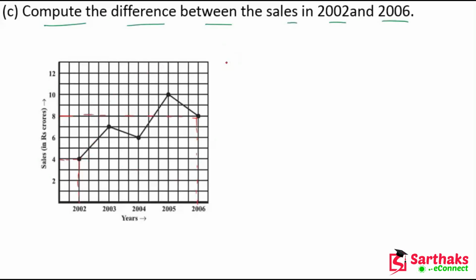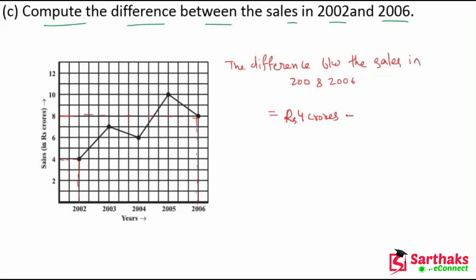So the difference between the sales in 2002 and 2006 is rupees 8 crores minus rupees 4 crores. So this is 4 crores. Okay, so this is the answer.